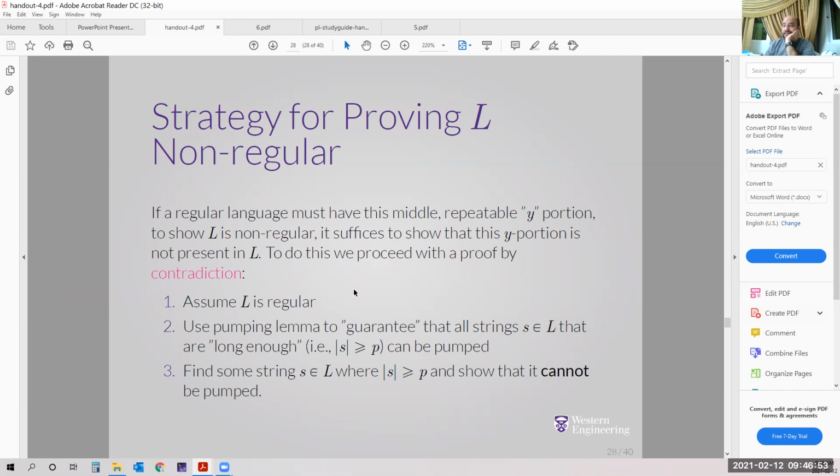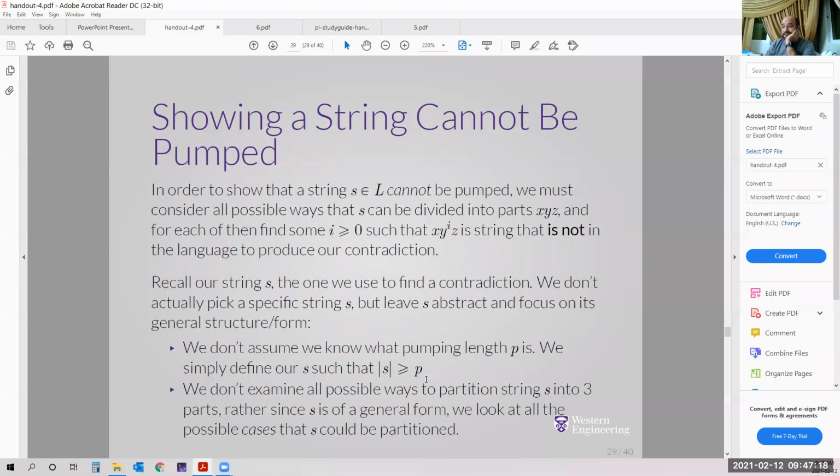Assume L is regular. This is the first step. Use the pumping lemma to guarantee that all strings S belonging to L that are long enough, so the length of S is greater than or equal to P, can be pumped. Find some string S belonging to L where the length of S is greater than or equal to P and show that it cannot be pumped. These are the steps.